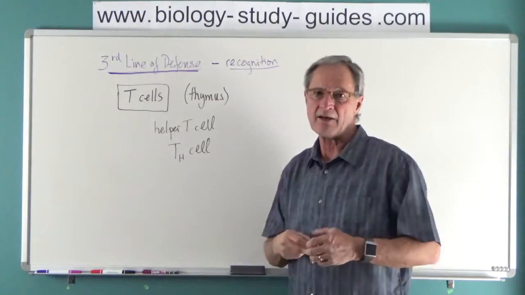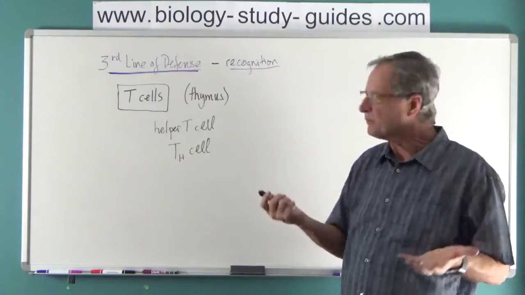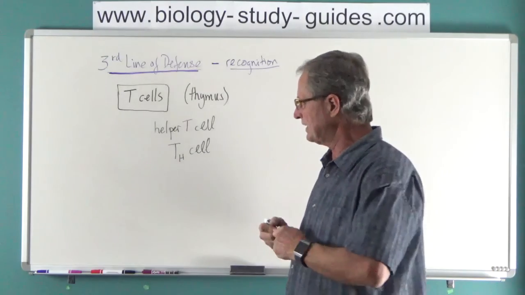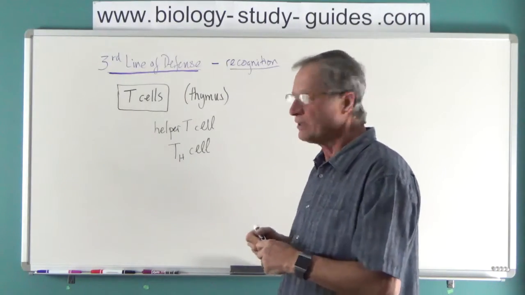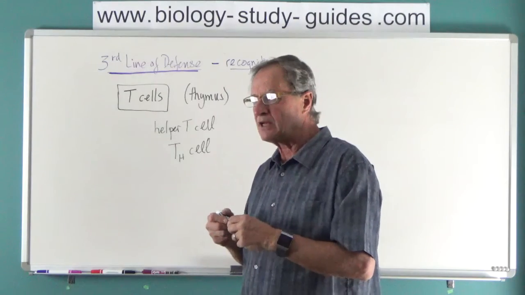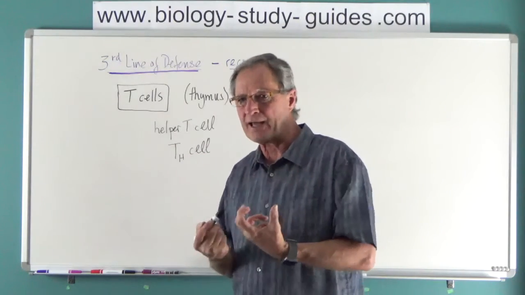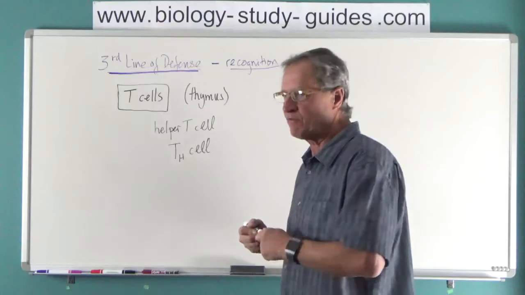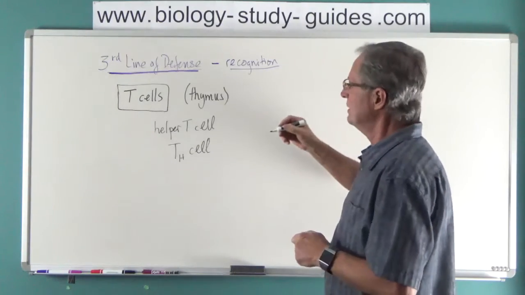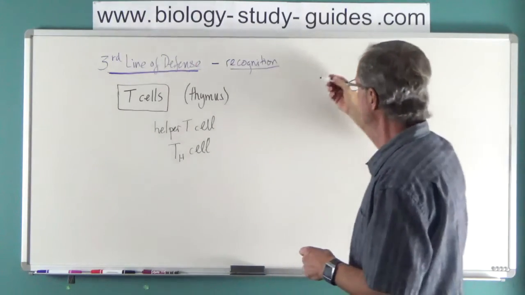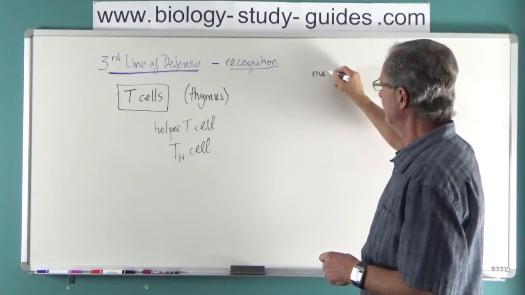These cells have receptors on their surfaces, so they're white blood cells, they're lymphocyte white blood cells, they have receptors on their surface, and they interact with another cell. I have to show you what that other cell is. If you remember back to the types of white blood cells, we mentioned a macrophage.